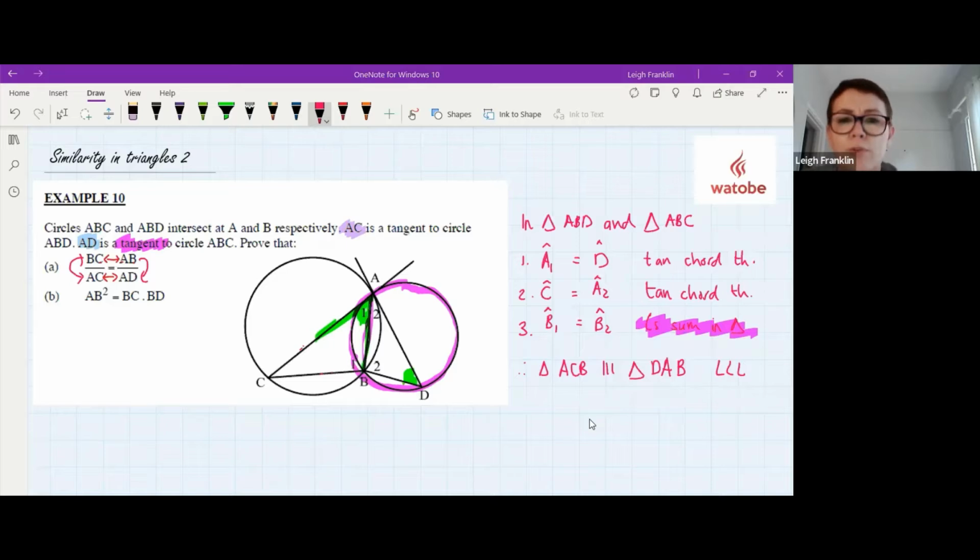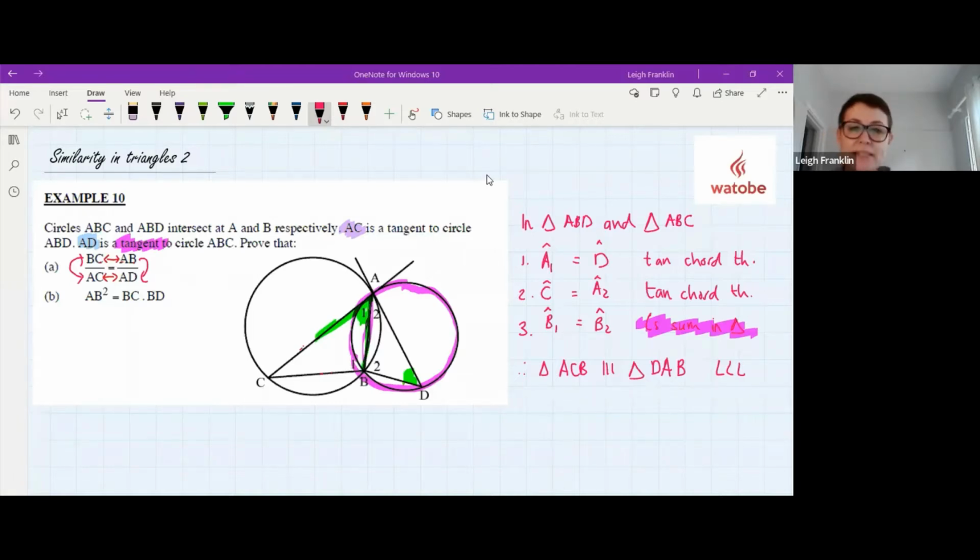The part in the circle with your fingers. The best way to do circle geometry is to use your fingers. I know it's difficult because we're doing this remotely, but the idea is once you have identified the tangent and the chord, put your fingers on the circle where the chord is. So the chord is at A and at B. Now you're going to follow the lines from A and B to D. That's the angle in the alternate segment.